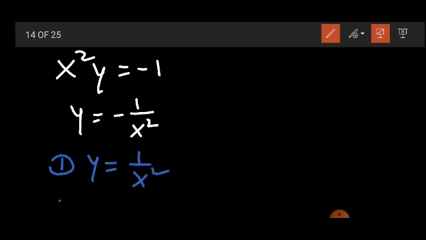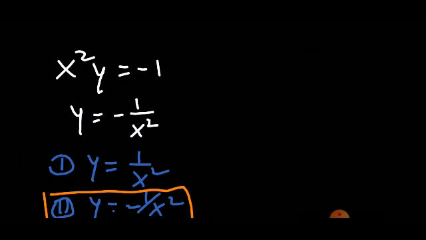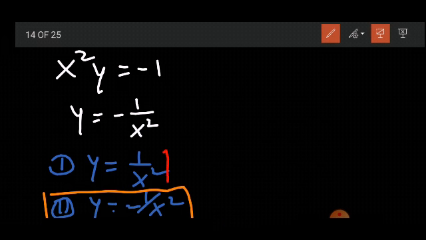In step 2, we will go for y equal to minus 1 by x square by using the concept of drawing y equal to minus f(x). So let's start. First of all, we will go for step 1, that is y equal to 1 by x square.